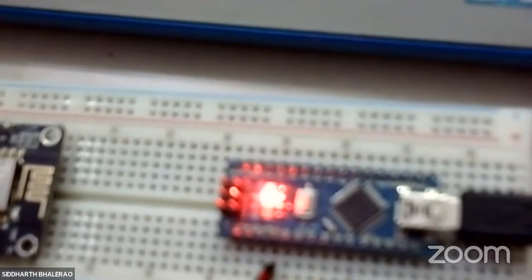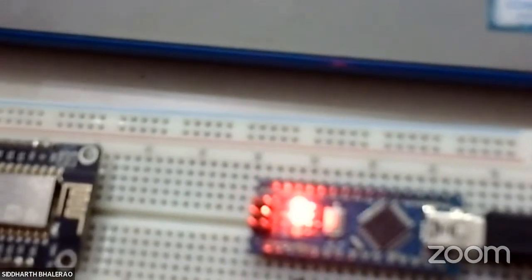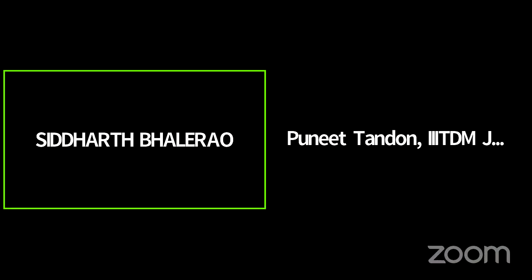It is glowing for 1 second and stopping for 3 seconds, as I have written in the code. One LED is always on, showing the power, and the other one is stopping and glowing. I'll once again stop the camera and make a few changes in the code.